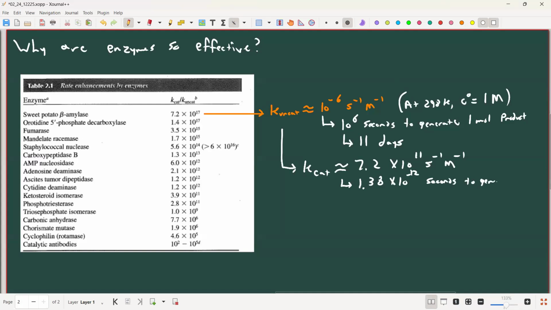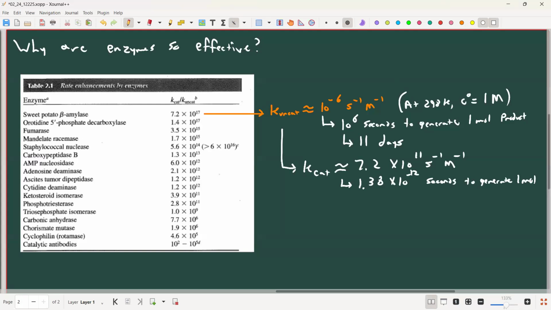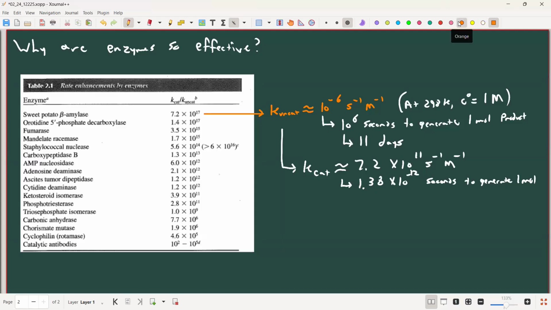You've taken a reaction that takes a macroscopic amount of time under general conditions, and now you've put it in a situation where the effective reaction time is a blink of an eye. It's faster than a blink of an eye. Right? As we'll see, this is basically instantaneous, as we'll see in a second. In a protein, this is basically as fast as possible.